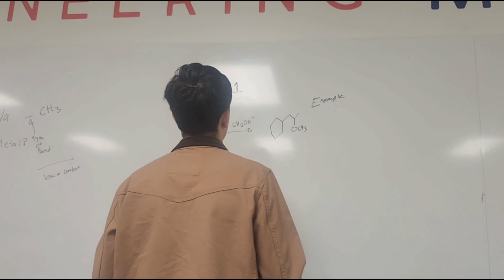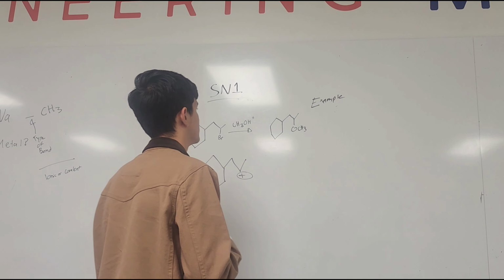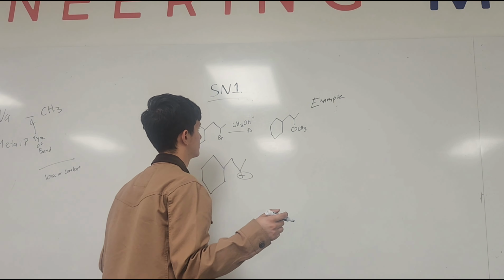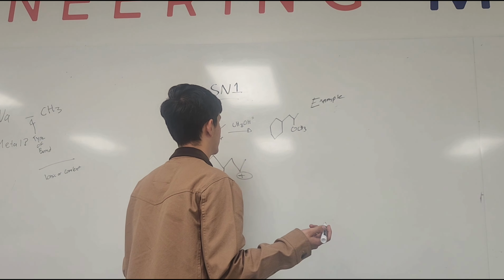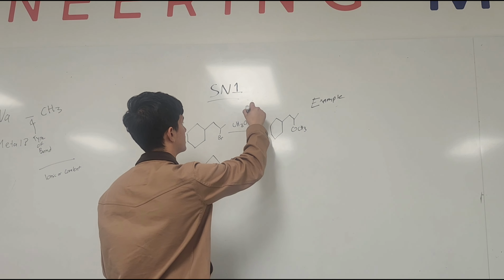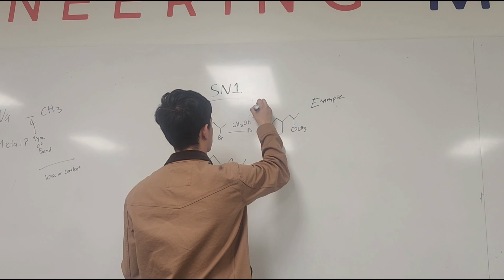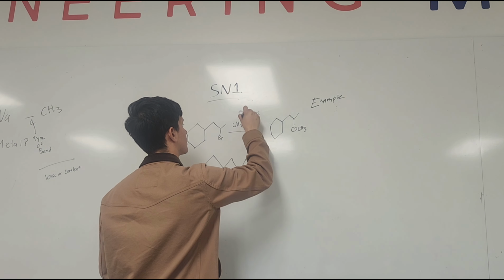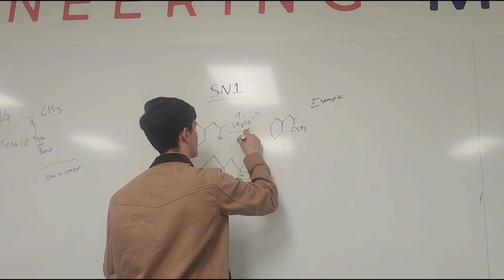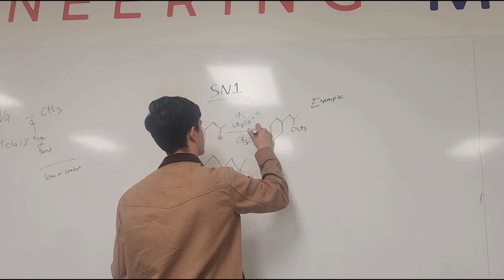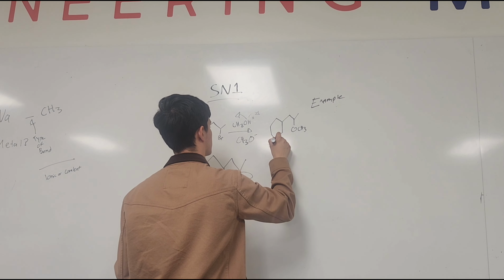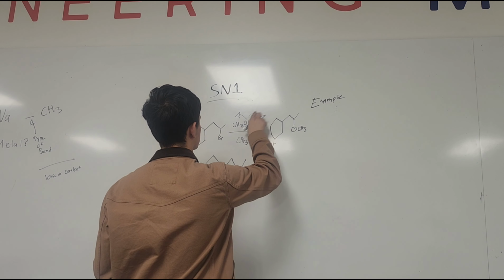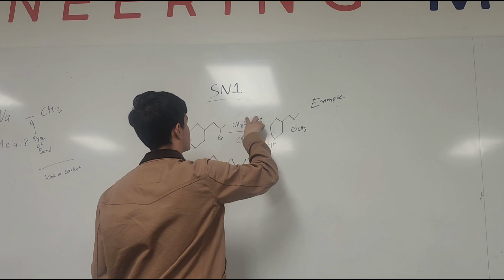In the homework you had to describe the mechanism, and in the test too. So the mechanism: after this breaks, this one is positive, and this one is left with negativity. So you have positive, negative. It doesn't really break like that, it's just an example, so understand the charges.